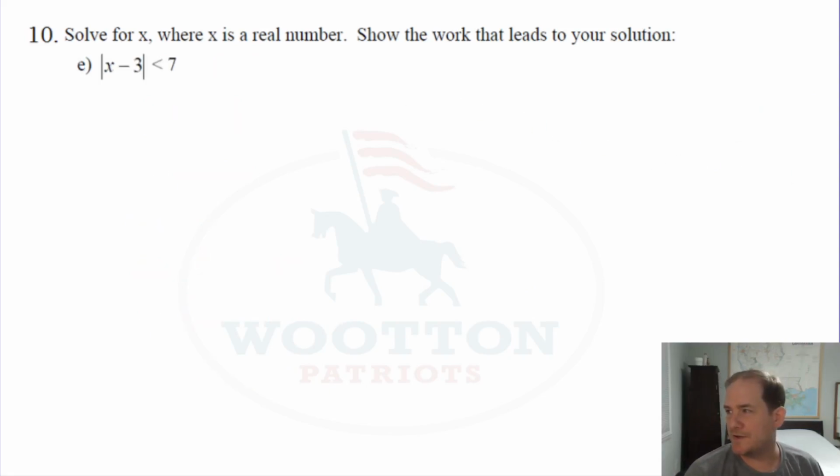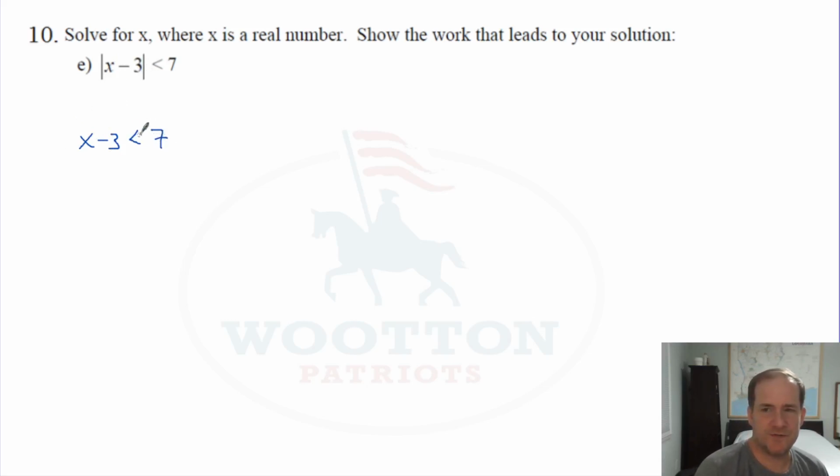Okay, so these can be a little tricky until you remember that absolute value bars do two things. If you're already positive, well then they don't do anything. But if you're negative, then they change your sign. So let's assume this thing was positive, x minus 3. Well then the absolute value bars wouldn't have to do anything to it, so I can go ahead and just take the bars away.